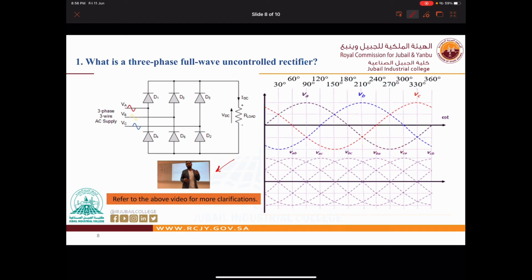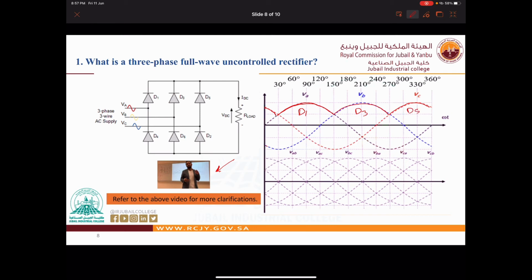Okay, now this is only to remind you how to draw. On the right side we have VA, VB, VC because we have three lines, right? In this part we have 120 degrees, D1, and the second 120 degrees is D3, and the next 120 degrees is D5.